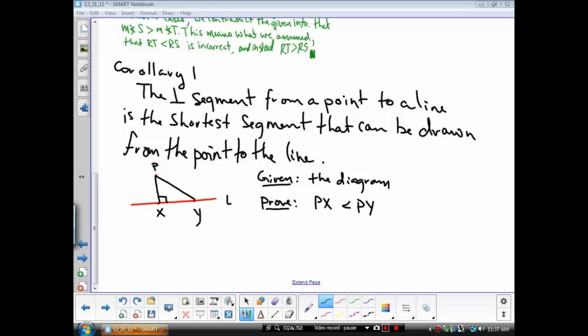So really the reason behind this is since measure of angle PXY is greater than the measure of angle, and here I want the angle that's opposite segment PX, which would be angle PYX.